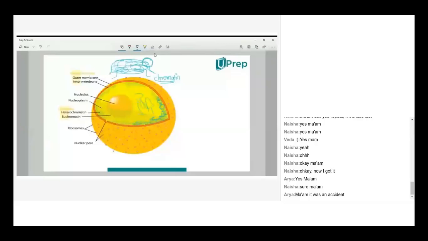When we take a part of chromatin and enlarge it, assume that this is the chromatin. Okay. Now the chromatin is made up of chromosomes.